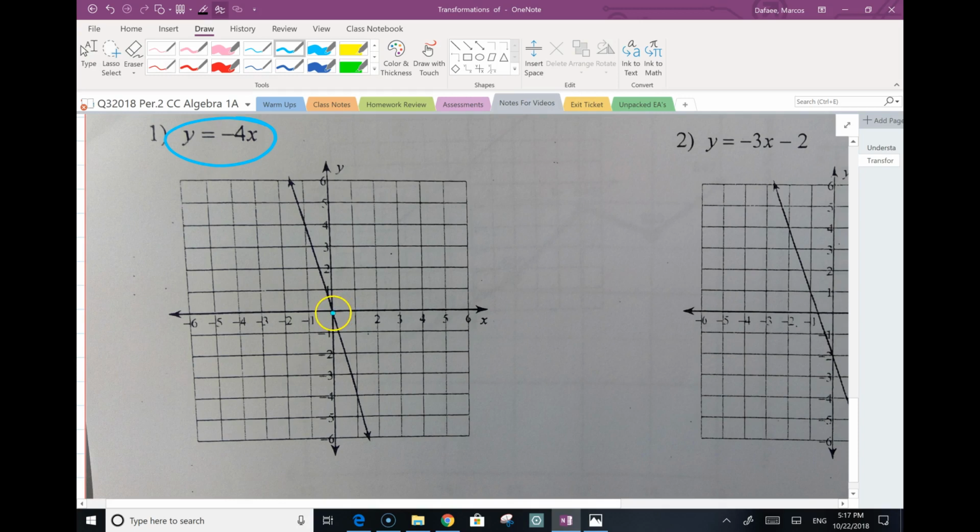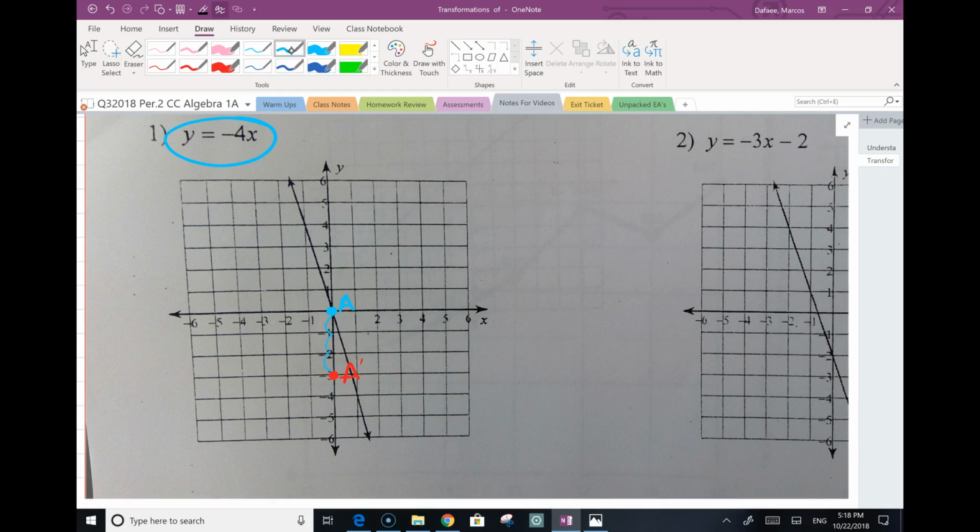So I'm going to start with my origin, and I'm going to count 1, 2, 3. Okay, so this is where it's going to end up. And I'll use another color just so that it's not confusing. There's my new point. And to be really accurate, I'll call this A, and I'll call this A prime as my new point.